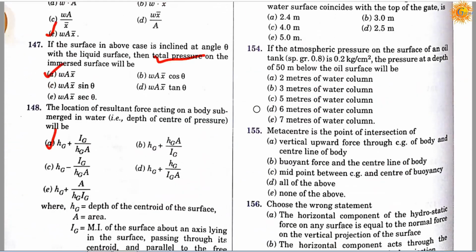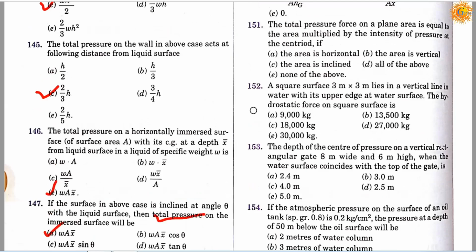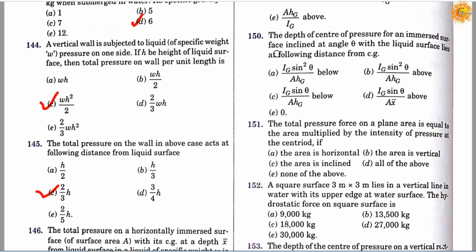Question number 150. The depth of center of pressure for an immersed surface inclined at angle theta with the liquid surface lies at the following distance from the center of gravity.